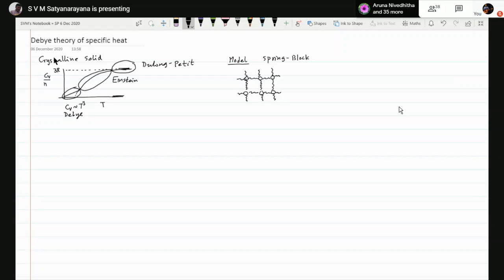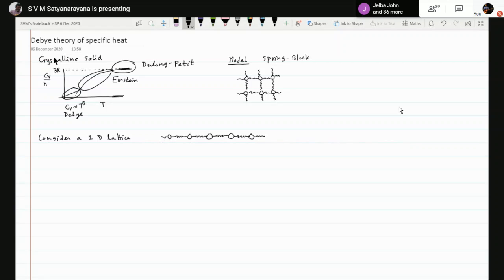Let's say we have a block, a spring, a block, and a spring like this. There are many of them, and we end it here. So this is a one-dimensional lattice.